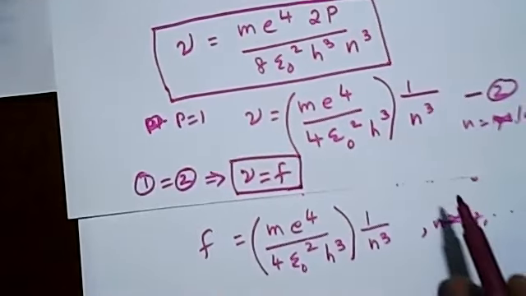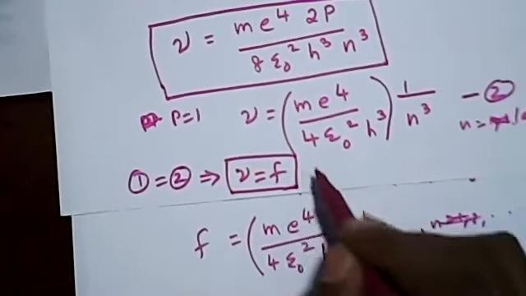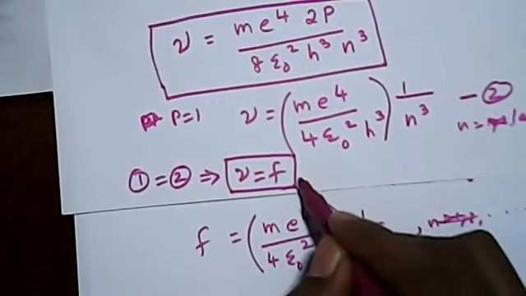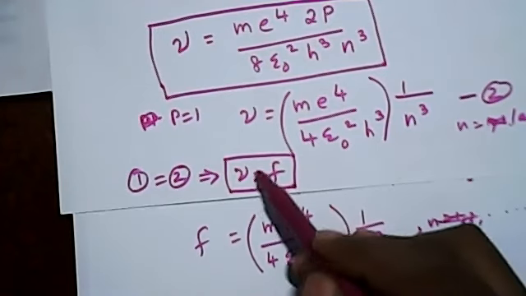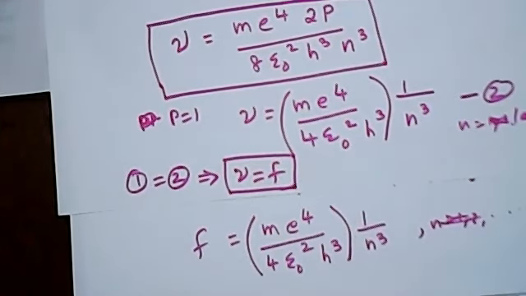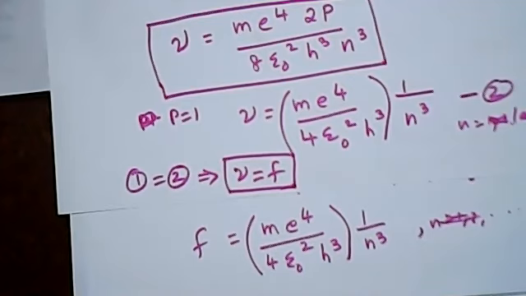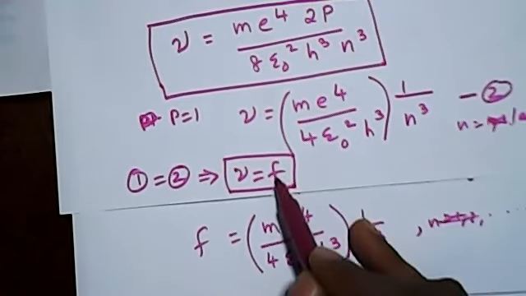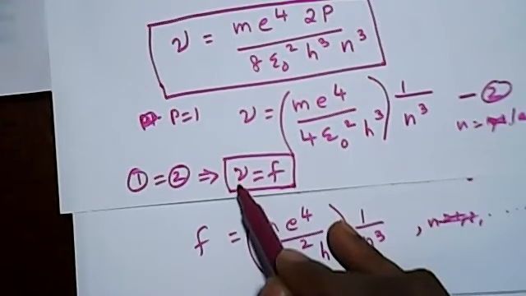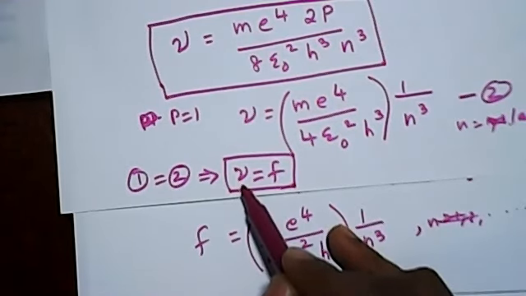This is actually a classical idea. What is the idea? When the electron is oscillating with a particular frequency f, the same frequency is emitted, which is the principle of an antenna.